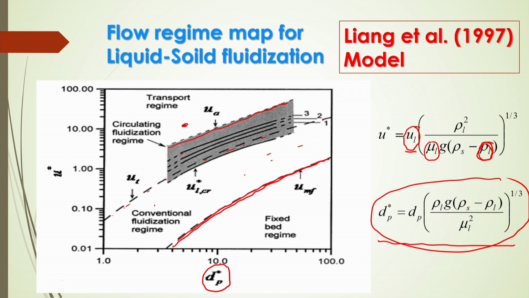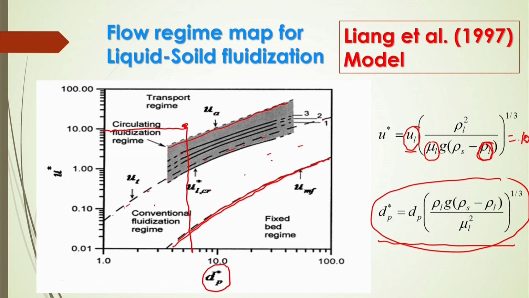Now, once you know this dP star, like here suppose this point, some value, and corresponding to this value the U star is almost 1000, no sorry, it is 10. Then from this 10, that means U star is equal to 10.